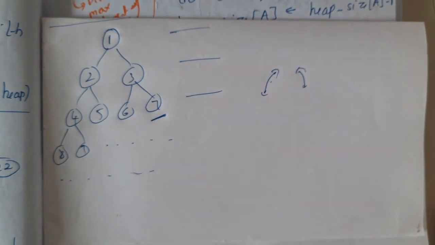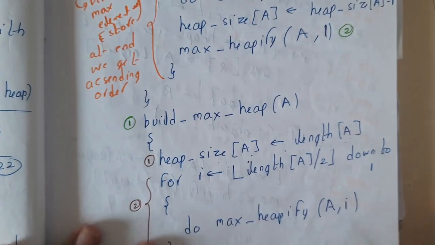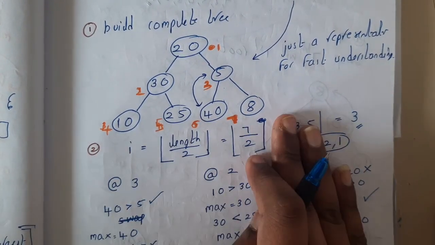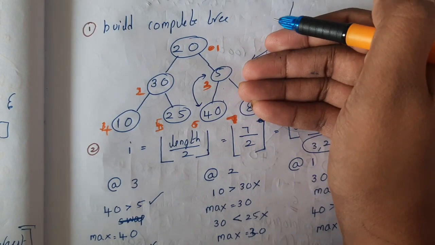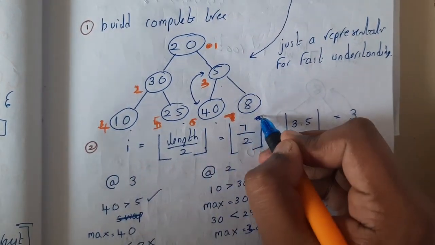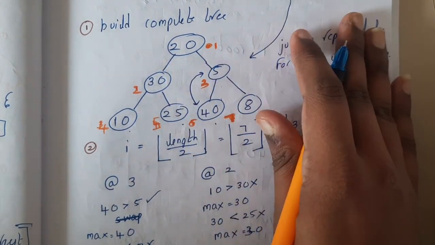Let me revise the concept once again so that it will be clear for you. Once you have drawn the heap, this is a normal heap. This is not a max heap nor a min heap. To convert this into a max heap, you check whether a node has children. If there are no children, you just skip the step.